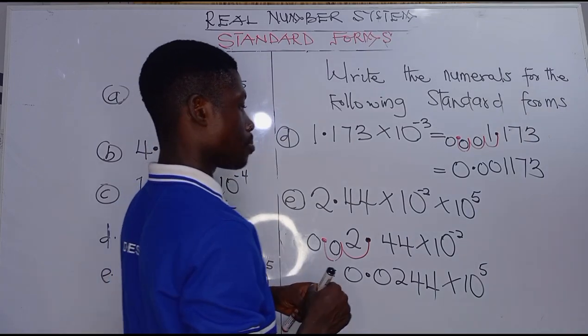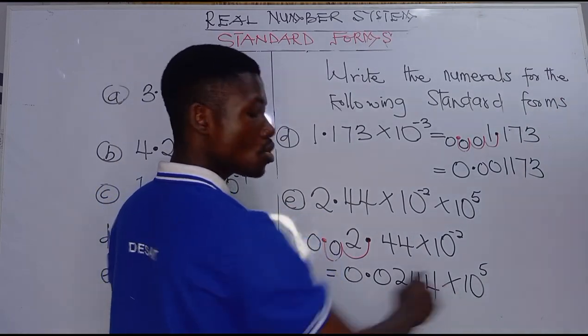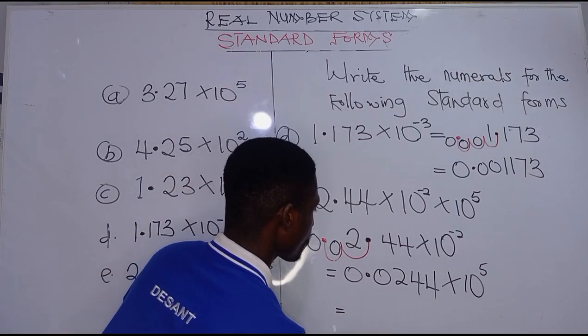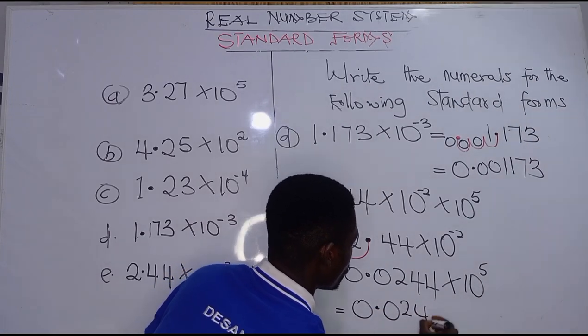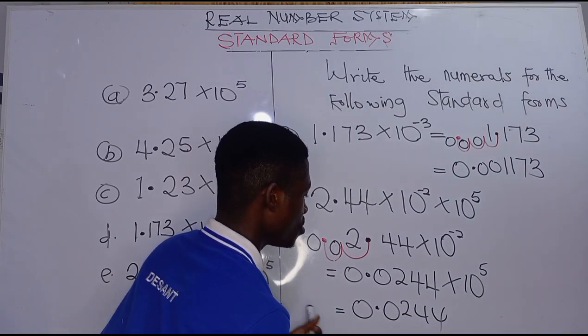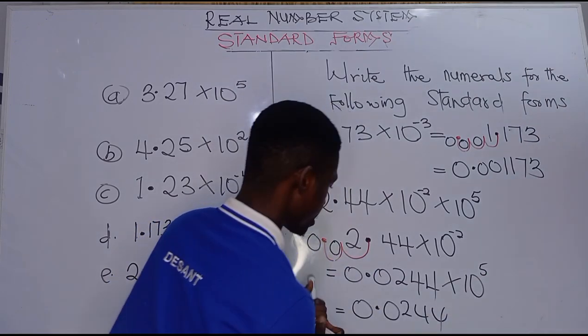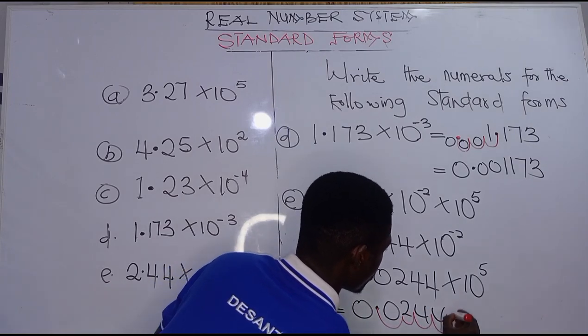Now let's continue with 10 power 5. And we know that a positive power tells us that we have to move the decimal point to the right. So we are going to get 0.0244. So we are going to move the decimal point 5 places to the right. So we have 1, 2, 3, 4, and then 5.